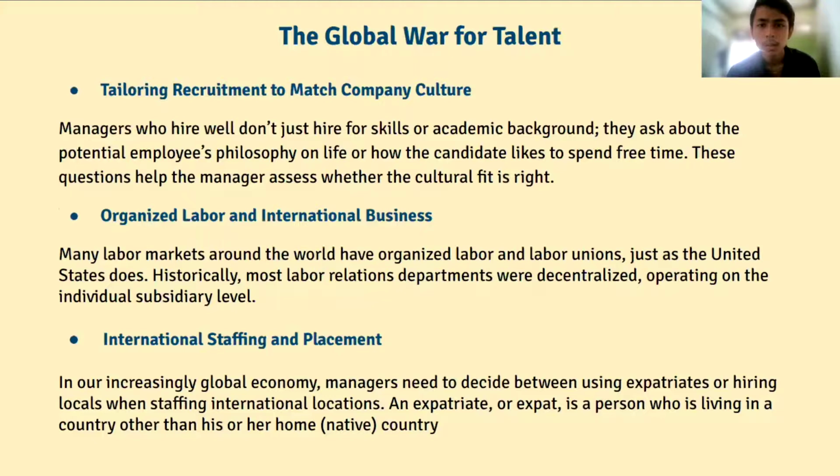The global war for talent: tailoring recruitment to match company culture. Managers who are hiring look beyond skill or academic background. They ask about the candidate's philosophy on life or how the candidate likes to spend free time. This question helps the manager assess whether the cultural fit is right.